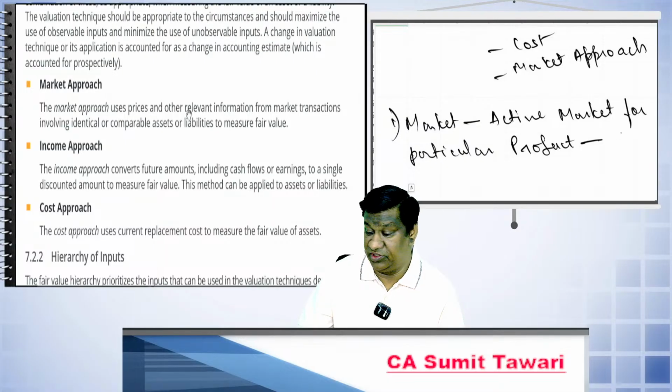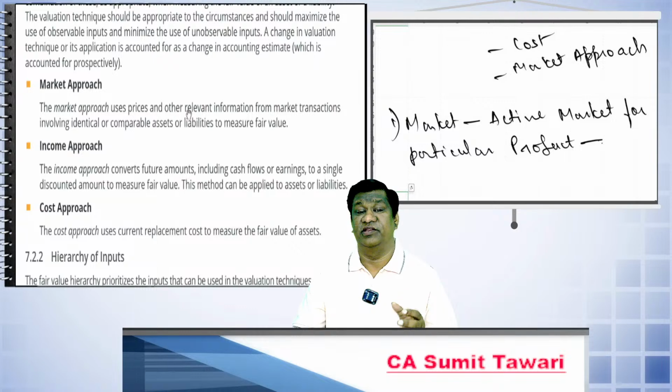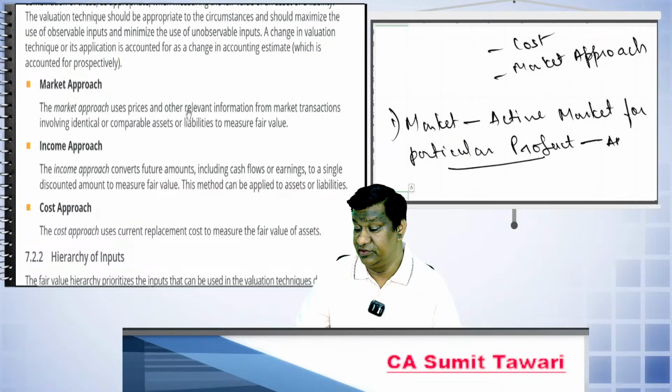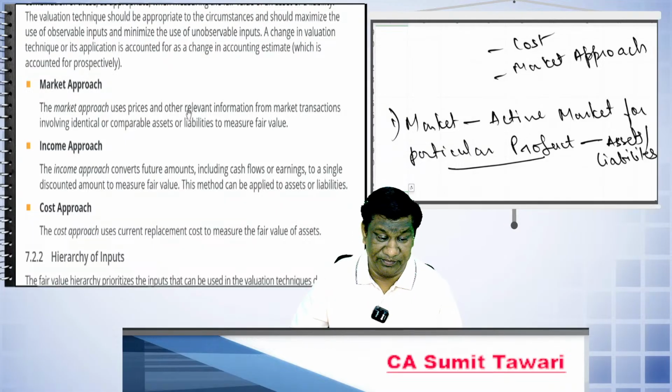If market information or an active market is available for a particular product, and you want the fair value of this product, maybe an asset or liability, then you can use the information from the market.